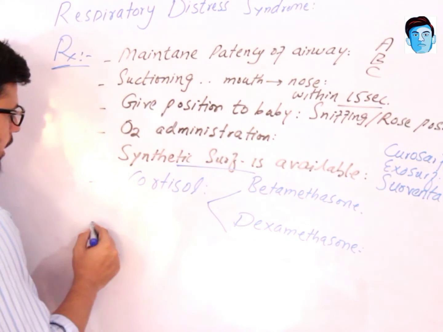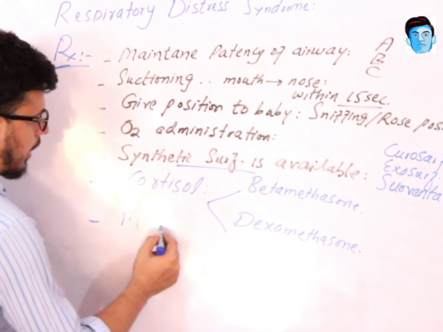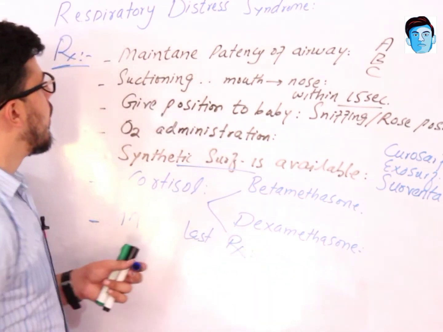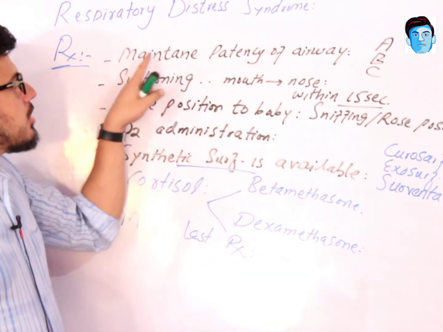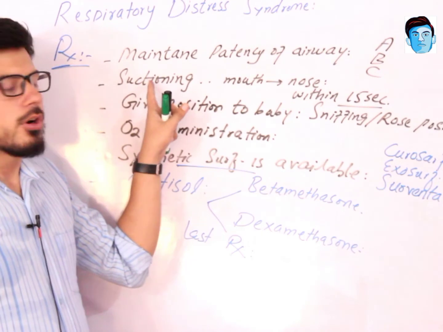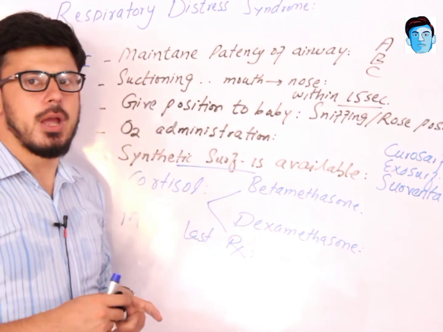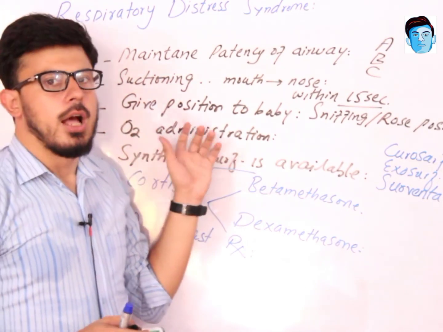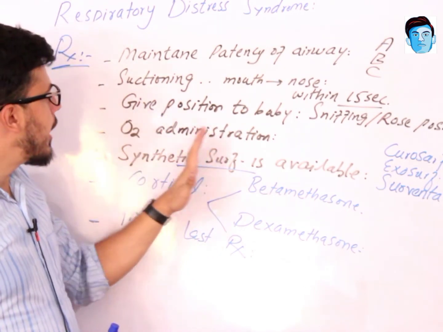And the last treatment option is mechanical ventilation. So first of all, maintain the patency of the airway, then suctioning is important. After that, give position to the baby, that is the sniffing position, then give oxygen administration.